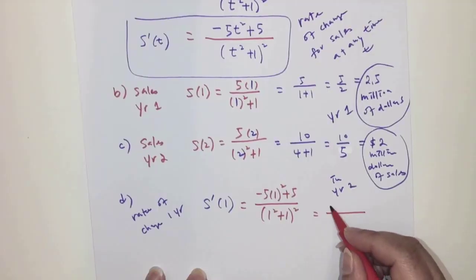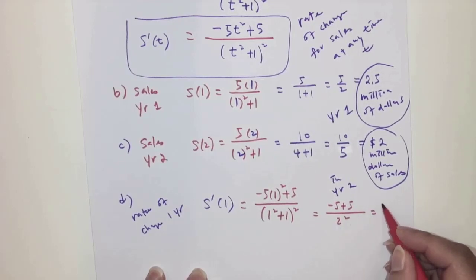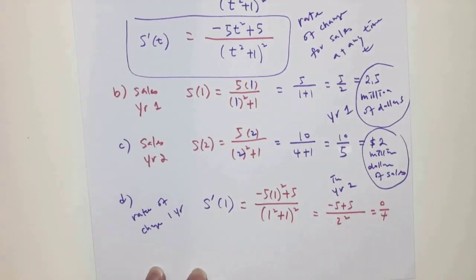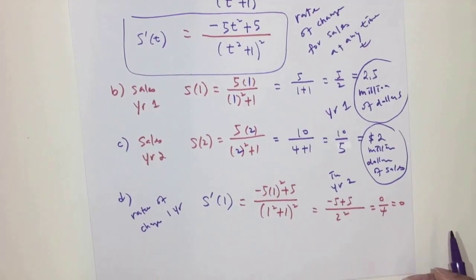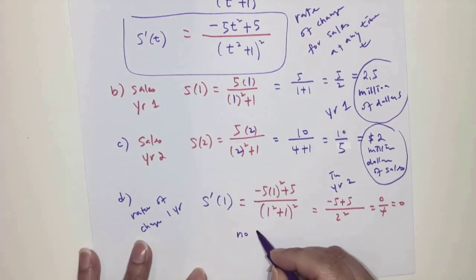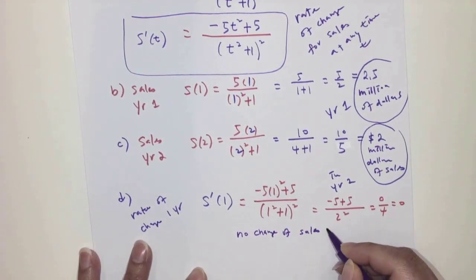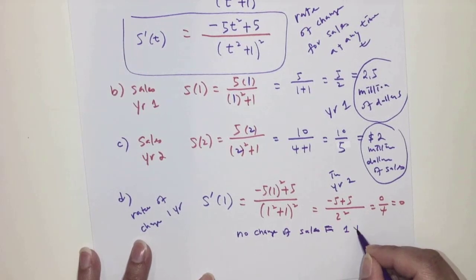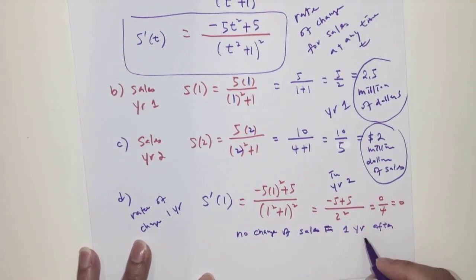That would be negative 5 plus 5 on top. This would be 2 squared. So anyhow, it's going to be 0 over 4. That means 0, right? This means the rate of change didn't change in year 1. So it's no change of sales in 1 year after its release.